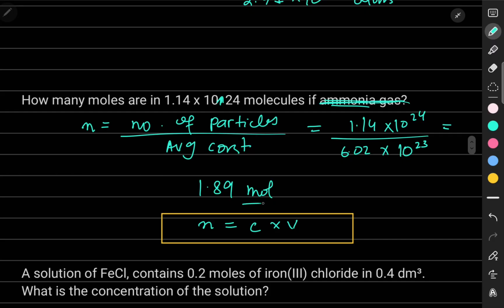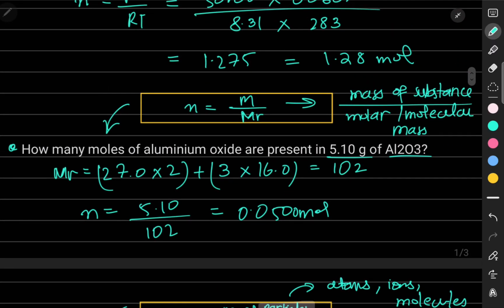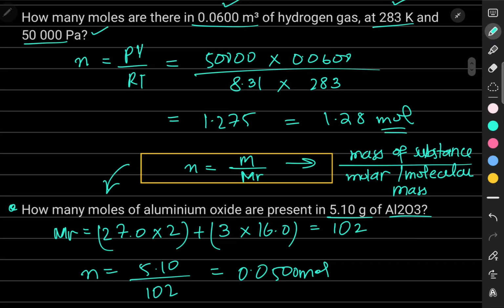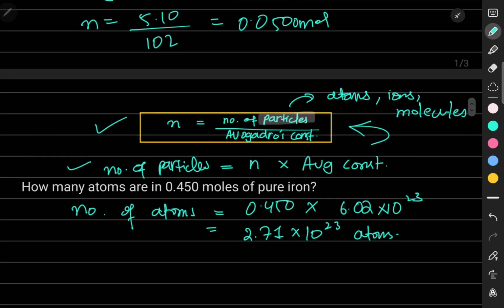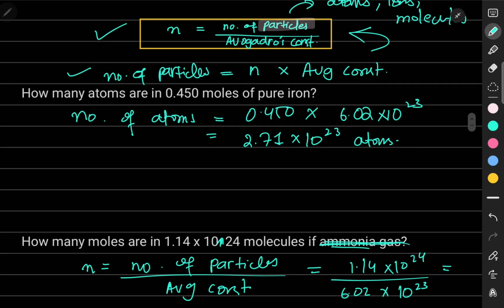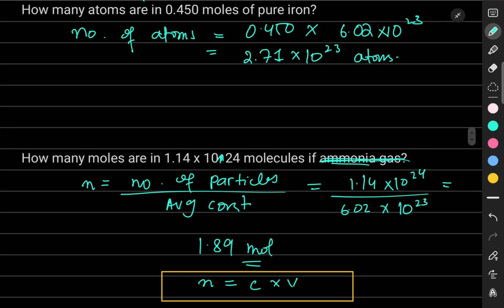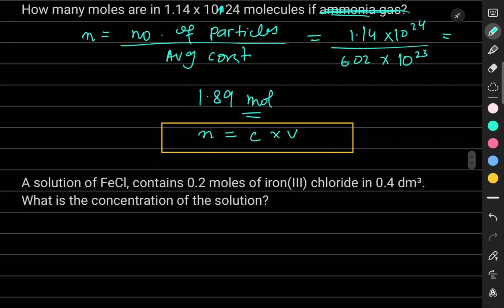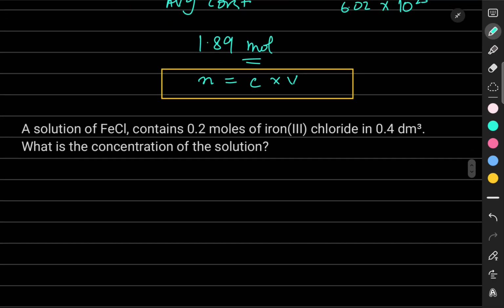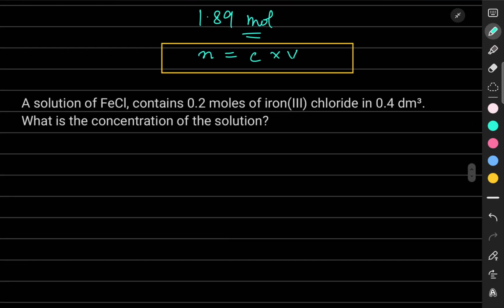Remember to always put the units, because you might lose out on some marks. If it's a 2-mark question, you're supposed to calculate the moles using, for example, the m over Mr formula. Then maybe the second mark is for the unit, so try not to miss the units. Okay, the next equation involving moles is the one where concentration and volume come in. So number of moles here is equal to concentration times volume.